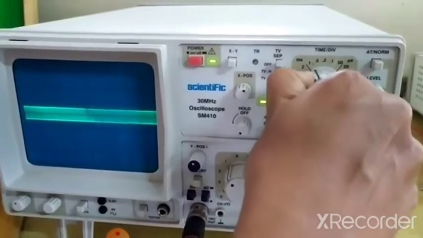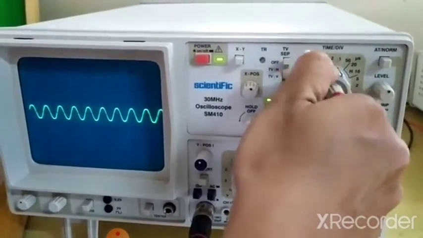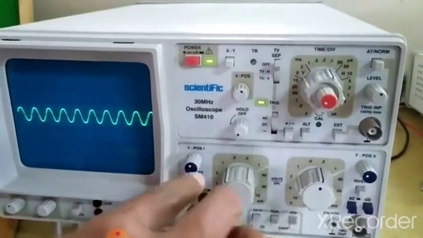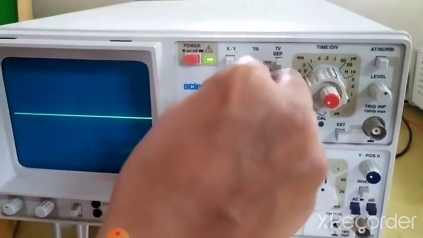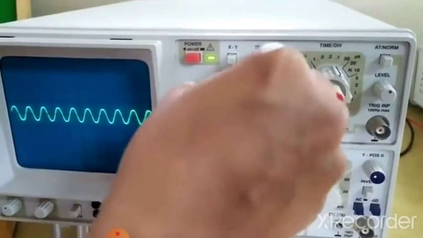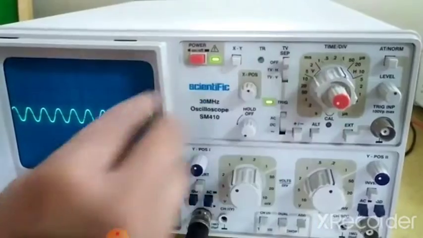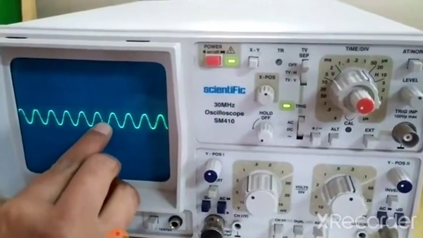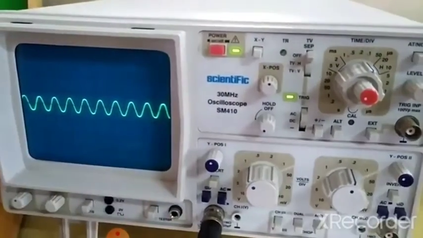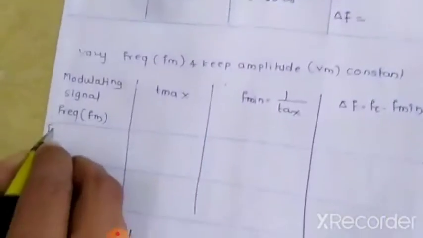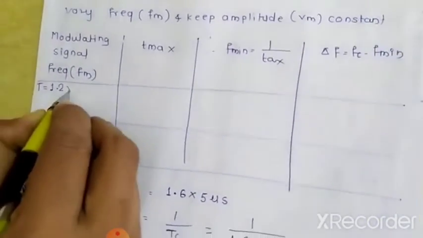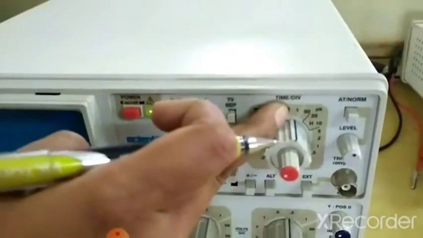First calculate the time period here. It is 1.2. The modulating signal frequency is 1.2 into 0.1 millisecond.